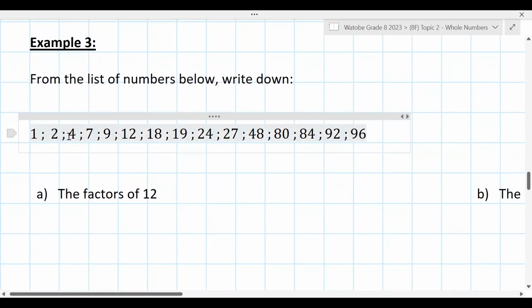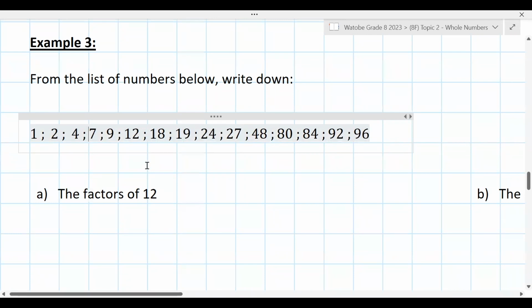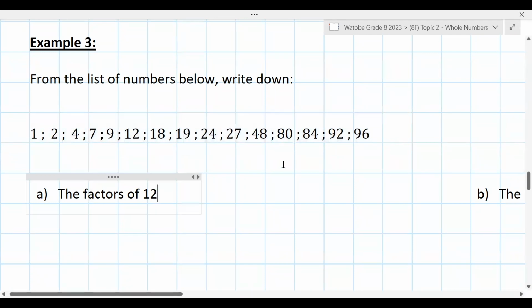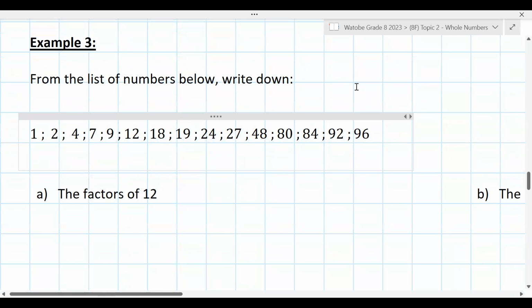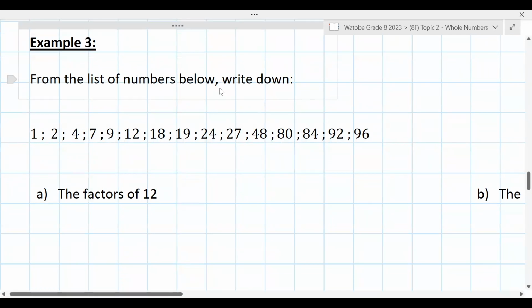You've got a bunch of numbers here and then I've got some questions. The first question says, using the list of numbers, list for me the factors of 12. So we need to remember what a factor is, and we now need to look in this list of numbers and see which of those are factors of 12.